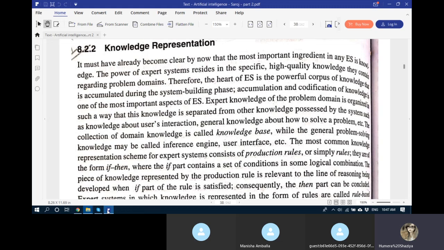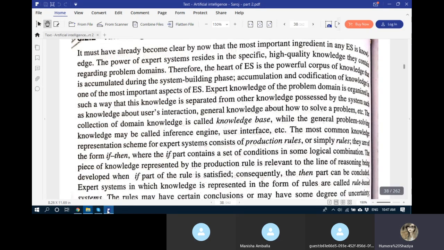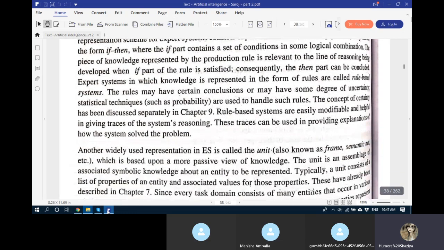Slots are attributes and their values for a particular node. So you can also represent knowledge in the form of a frame or a semantic net. I hope it is clear how to represent knowledge.